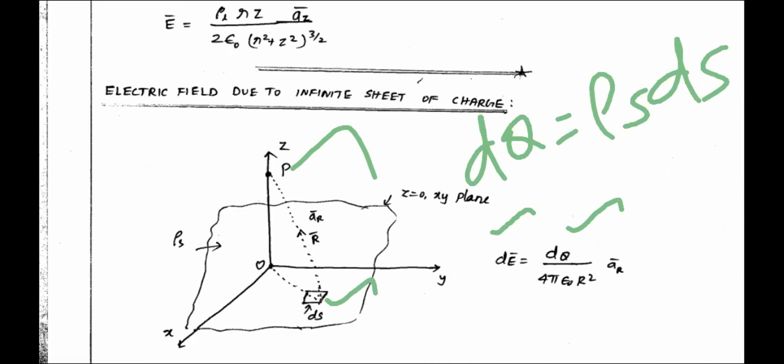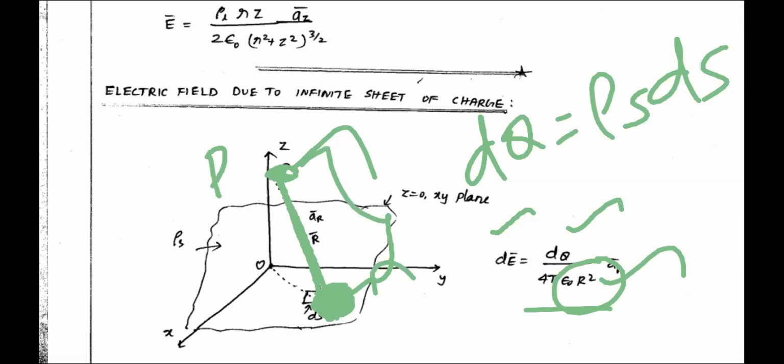Then the formula for a point charge is q divided by 4 pi epsilon naught R square. Here that R square is the physical distance from this point to the point you have chosen, some other elemental surface on the base plane. That distance is called capital R.